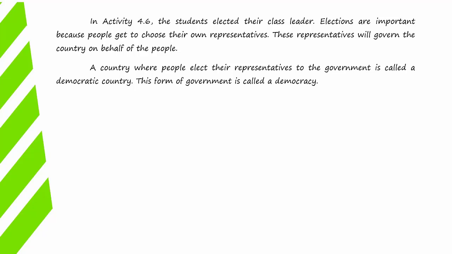Now I ask you, what is democracy? Democracy is a form of government. In this government, people elect their representatives. As simple as that. If you cannot write all this, you can write these two lines. What is democracy? Democracy is a form of government.